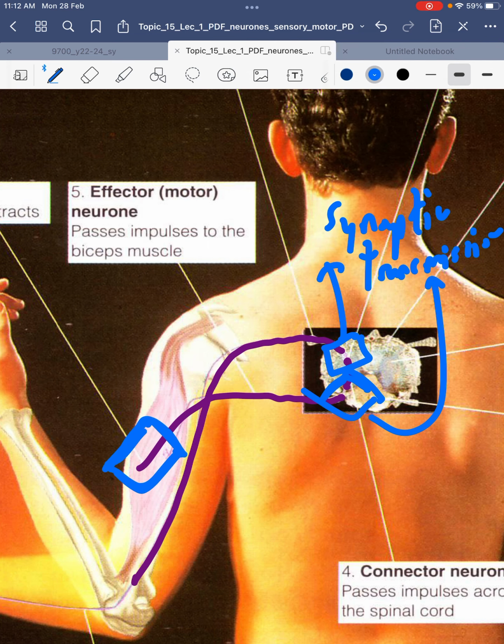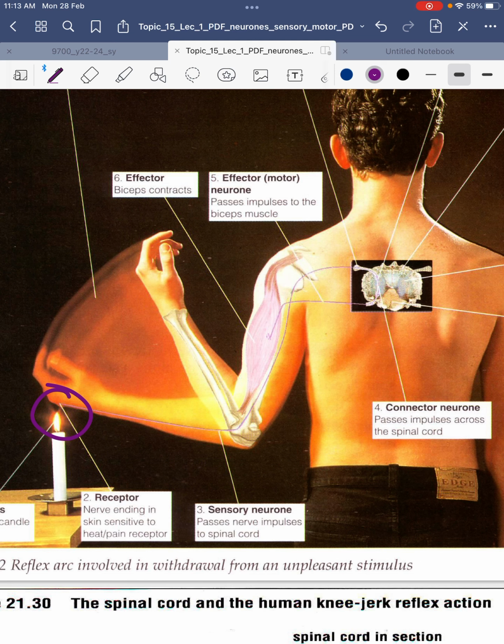So that's why the reflex arc is a very, very good example that can teach you a lot of things. As you can see, the sensory neuron basically sends the nerve impulse from the receptor to the central nervous system, the CNS.